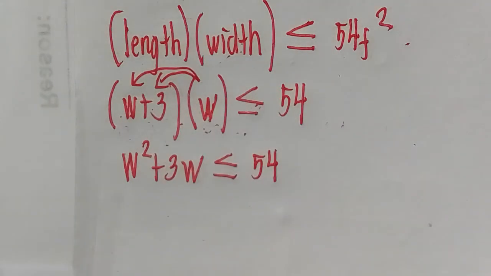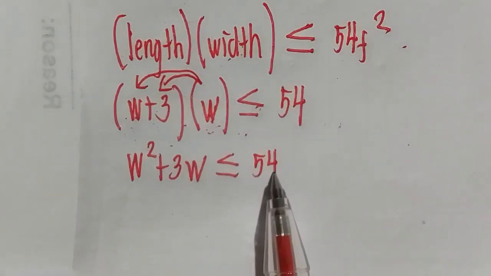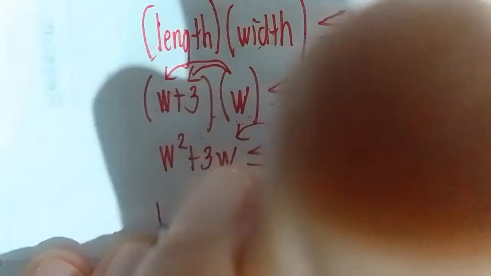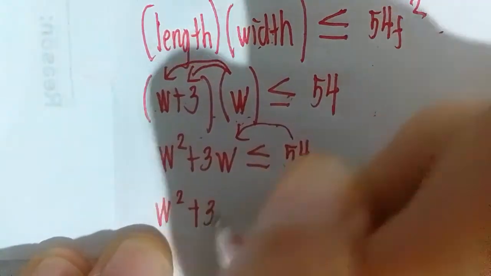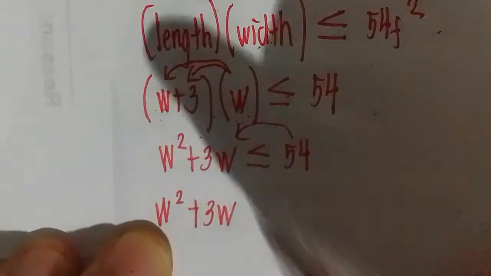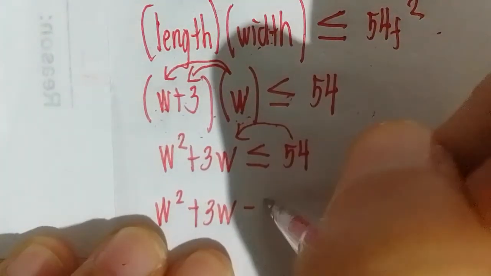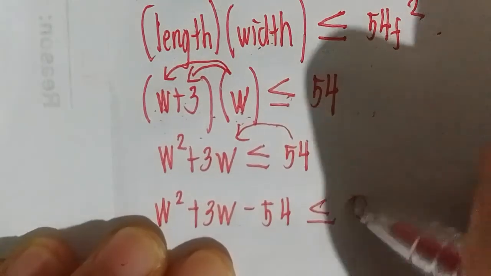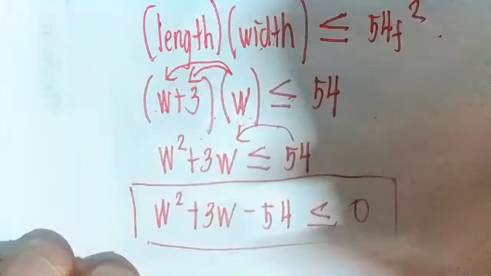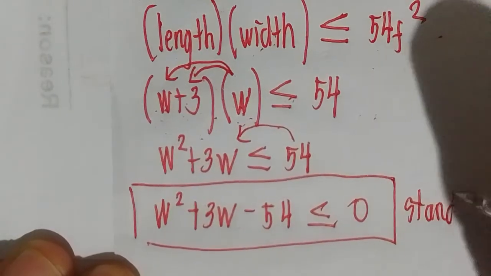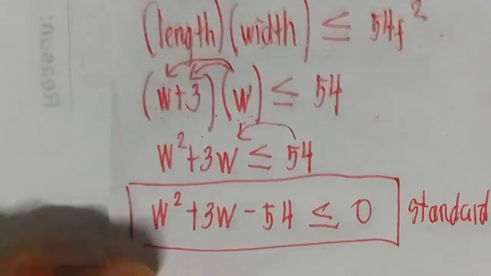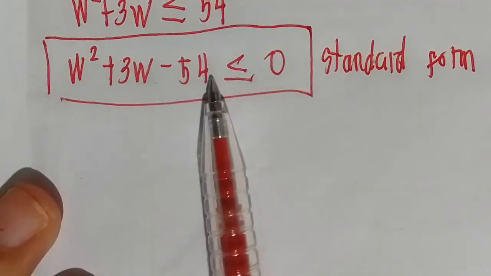It is not yet in standard form because the right side is not yet 0, so we move 54 to the left side. We have W squared plus 3W minus 54 less than or equal to 0. This is the standard form of the quadratic inequality from the word problem.